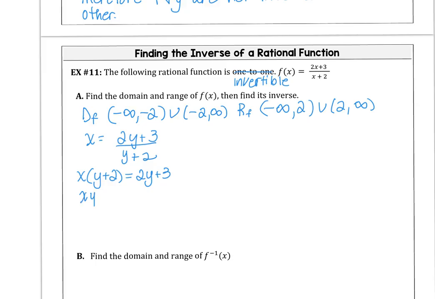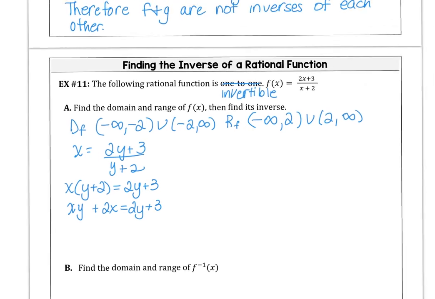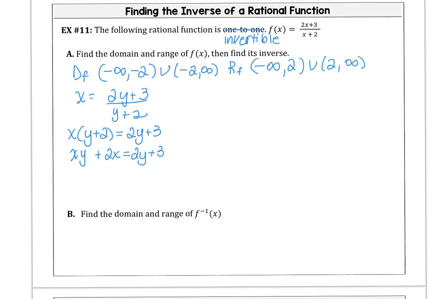Distribute the x. Then collect like terms so that we have the y and the x on the same side. So let's think about leaving 2x minus 3 and put 2y minus xy. Then factor out the y, and we have 2 minus x coming over here.